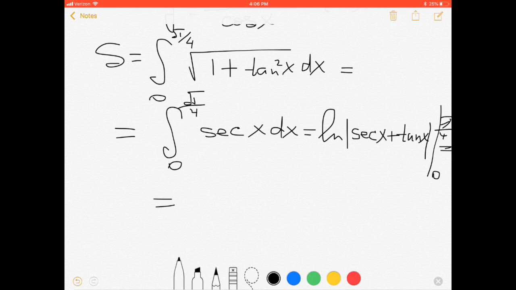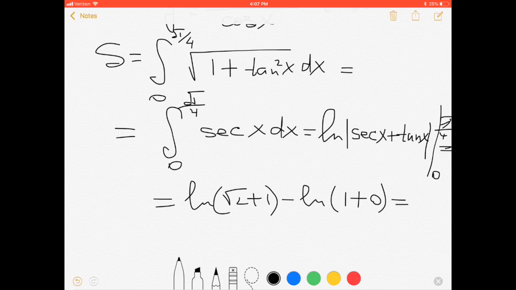Secant pi over 4 is square root of 2, tangent pi over 4 is 1. Secant 0 is 1, tangent 0 is 0, and natural logarithm of 1 is 0. This means the final answer is natural logarithm of square root of 2 plus 1.